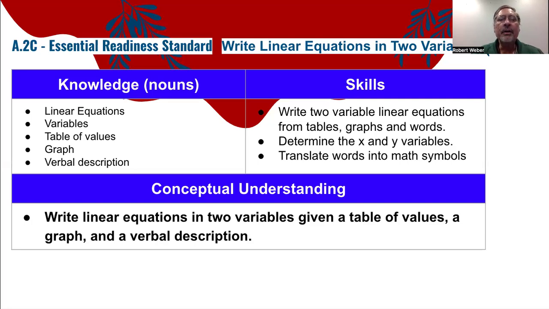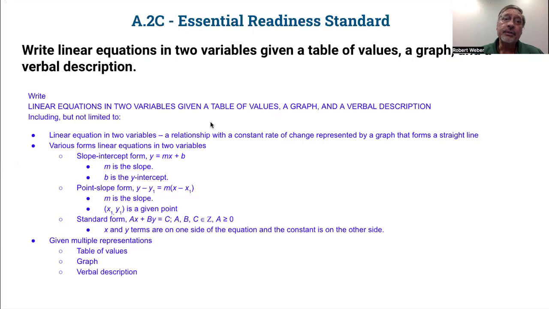The skills, basically, you're writing two-variable linear equations, x-y equations, coming from a variety of sources, being tables, graphs, and words. Determining what the x and y variables stand for and translating the words then into math symbols. That's A2C. A huge skill.